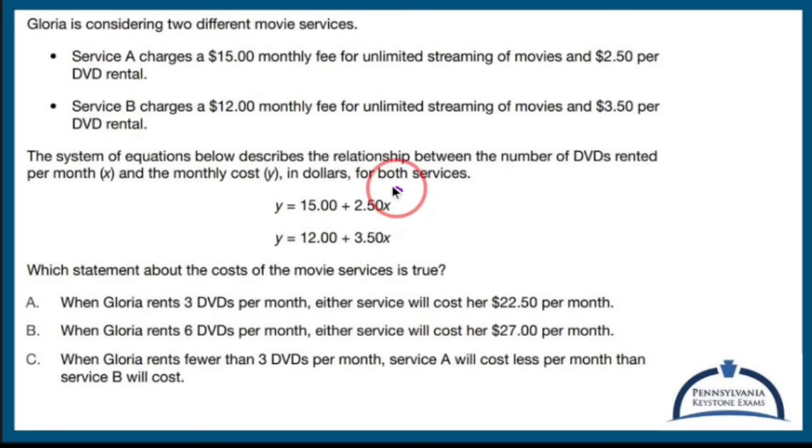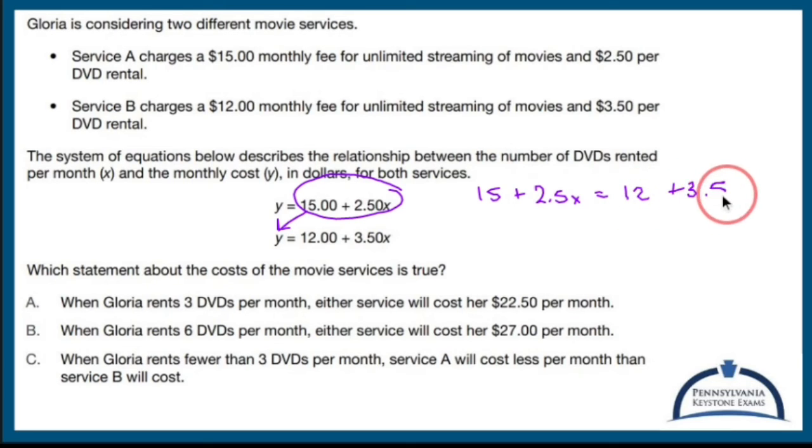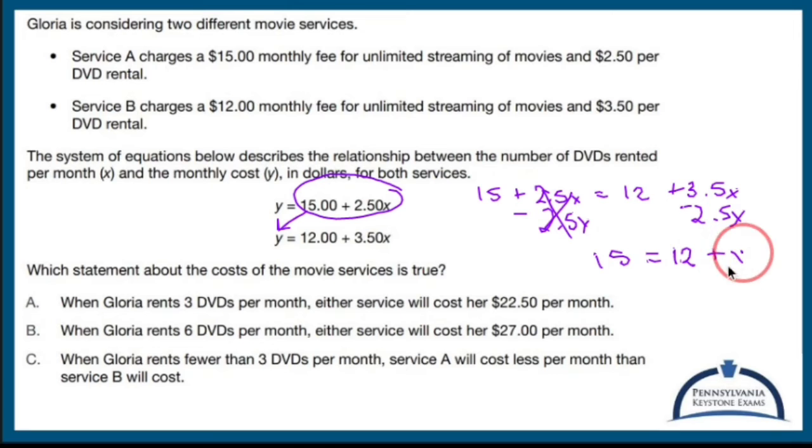I'm going to use the blob method of substitution. y equals that guy, so let's just shove that right there. 15 plus 2.5x equals that guy, 12 plus 3.50x. I'm going to subtract 2.5x from both sides. That gives me 15 equals 12 plus 1x.